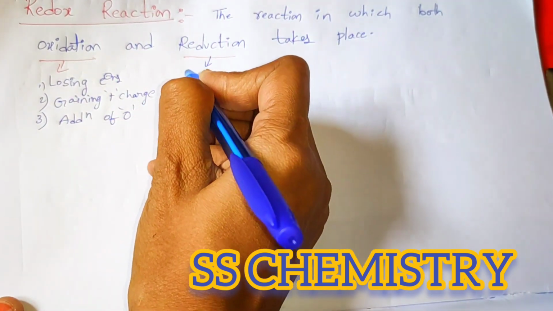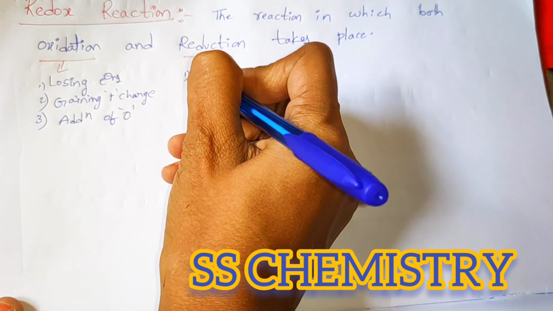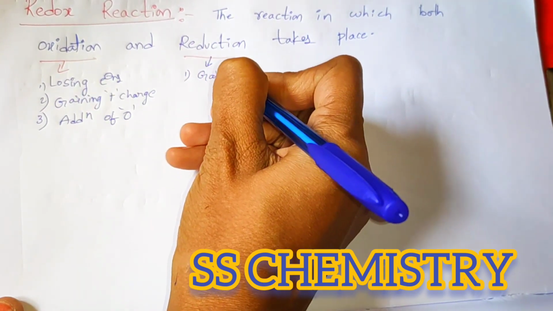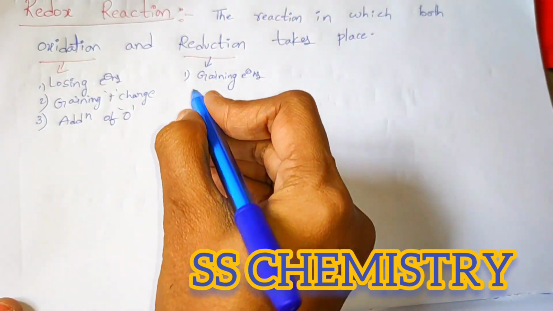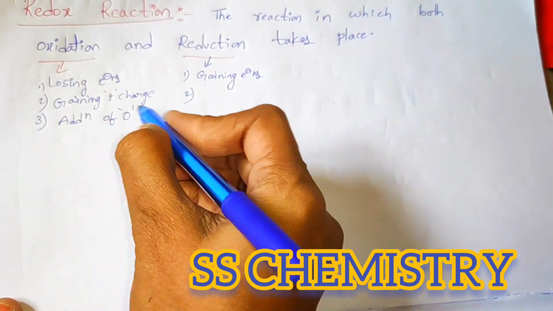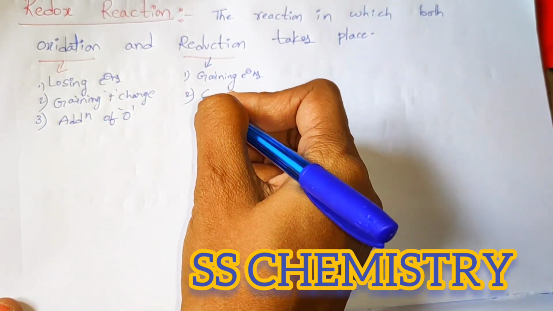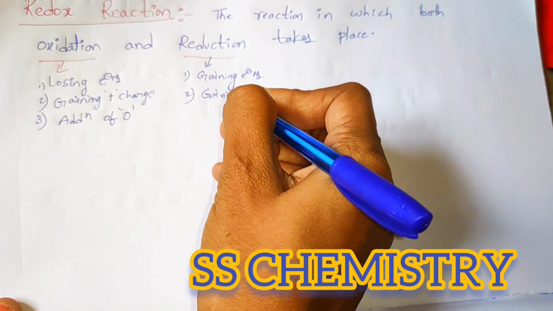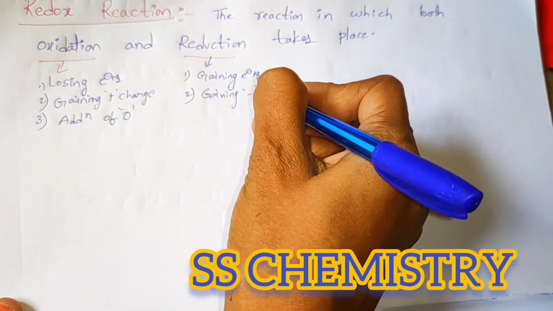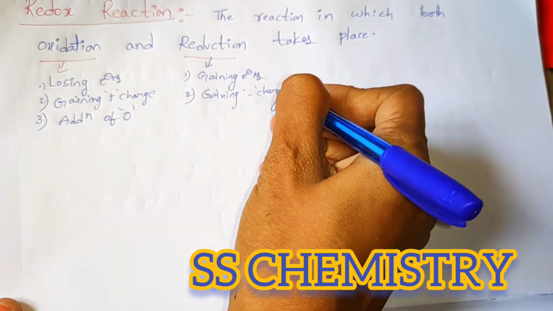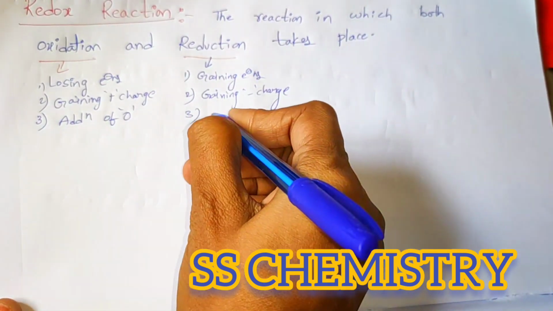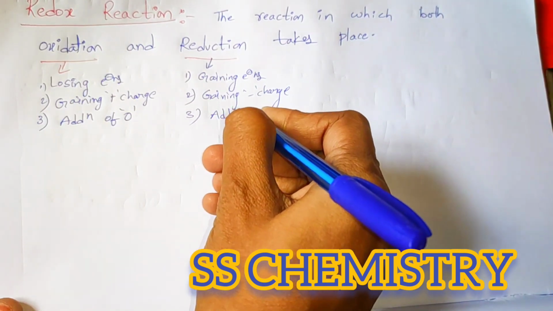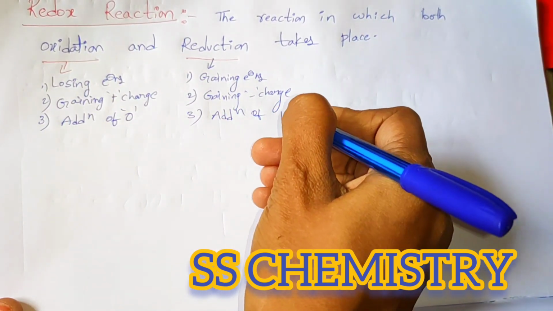Like that only we have learned about reduction also. What is reduction? Here losing electrons means here gaining electrons, and the second one, here gaining positive charge, here gaining negative charge, and the third one, addition of oxygen, here addition of hydrogen.